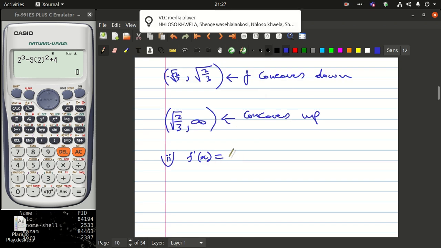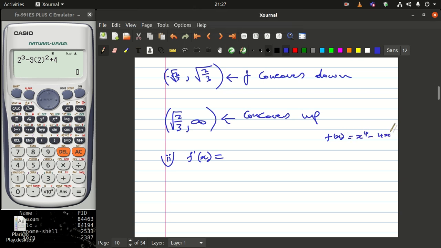Let me see here, the original function f of x was equal to x to the power 4 minus 4x squared. So I said that this one here was supposed to be 4x cubed minus 8x.